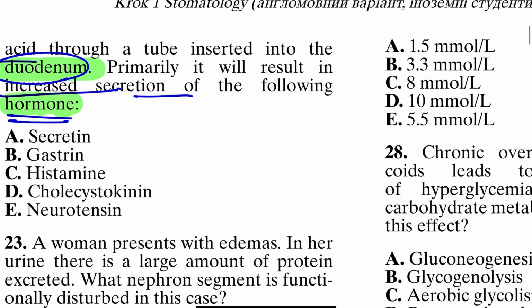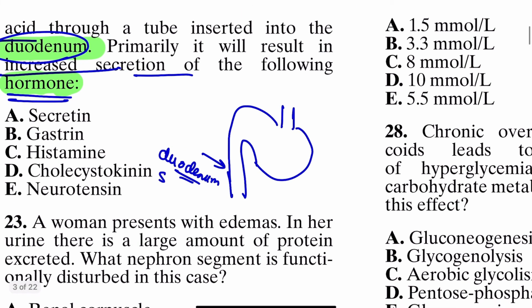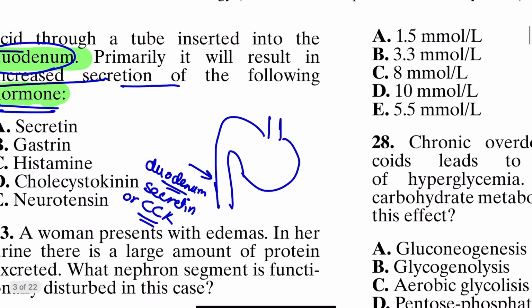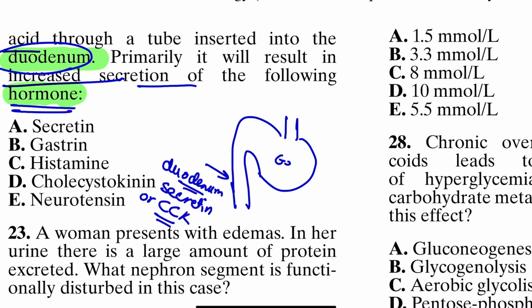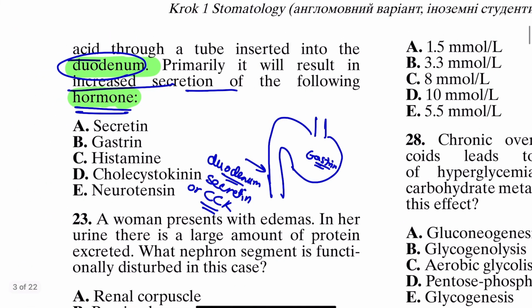Here we have the stomach, and after the stomach we have the duodenum. So hormones produced in the duodenum are two, secretin or cholecystokinin. Hormones produced in the stomach are gastrin, and that's it. So here the answer can be either secretin or cholecystokinin.